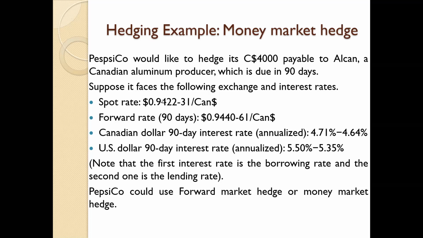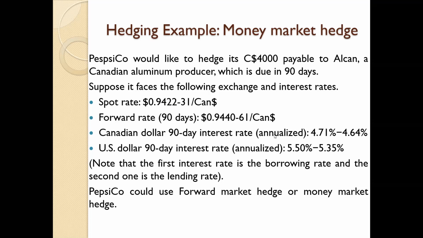This is the bank buying rate and this is the bank selling rate. If you are going to buy, you have to pay this amount. If you are going to sell, you have to receive this amount, right? From the perspective of the bank, this is the bank buying rate and this is the bank selling rate. From the perspective of the trader, this is your buying rate and this is your selling rate, right?